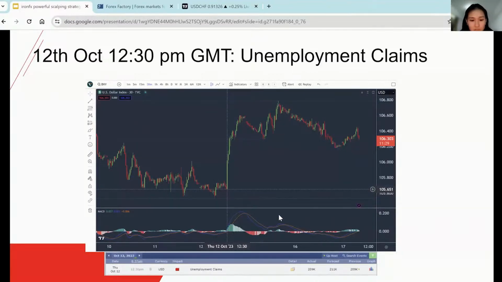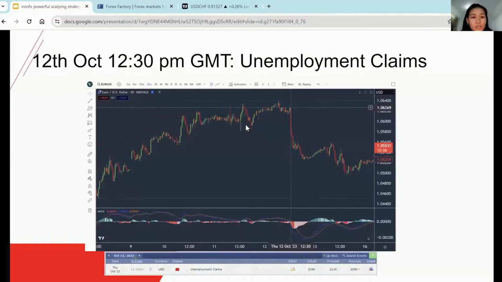So this is a positive sign for the US economy since our number of unemployment claims dropped. Hence, we saw the DXY rise significantly when the data was released. So of course, we can expect the opposite effect for gold. But if we look at our Euro USD, we actually see that same effect happening, where price is dropping significantly.